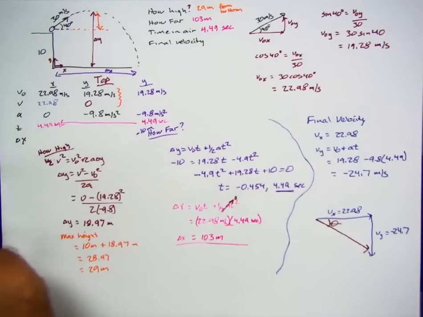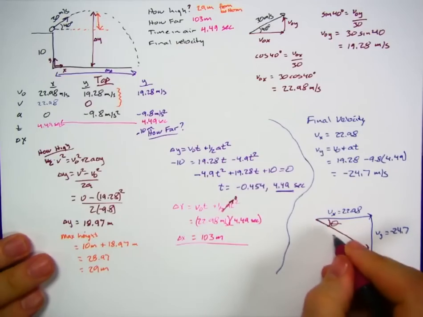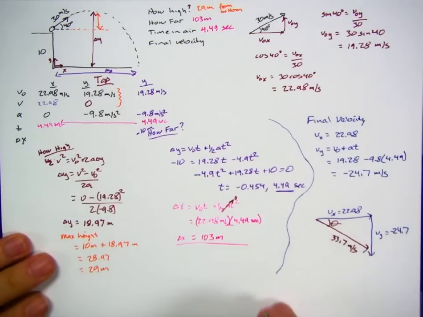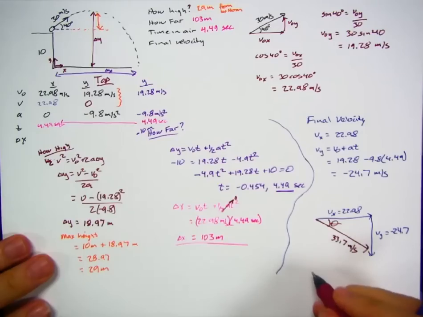And I can just use Pythagorean theorem, 22.98 squared plus 24.7 squared. Square root that, and I'm going to get a hypotenuse of 33.7 meters per second. And I'm going to use my trig function. So we use Pythag to get that, right?